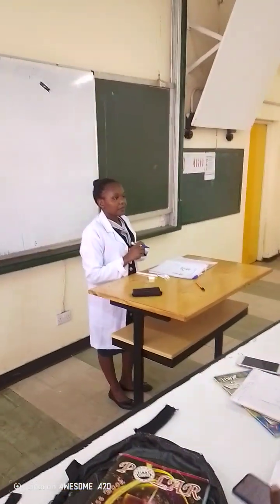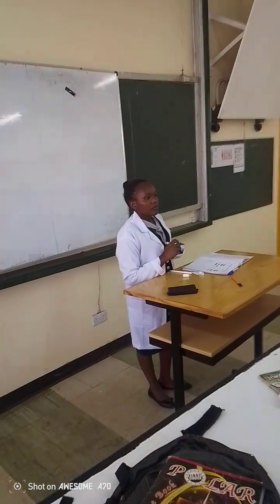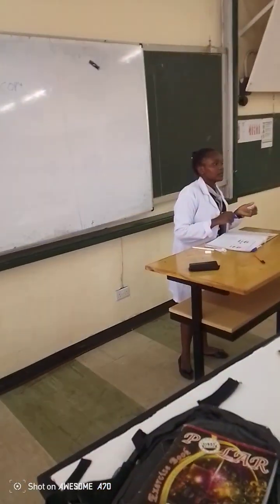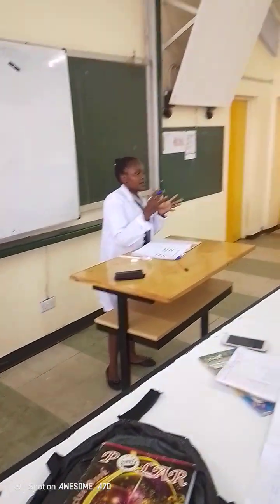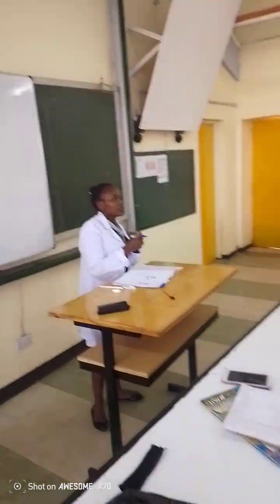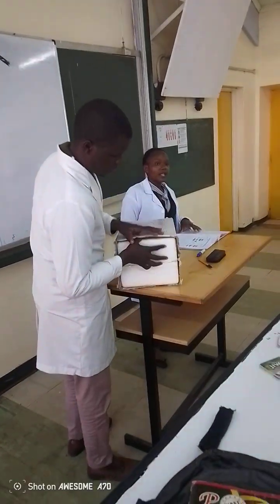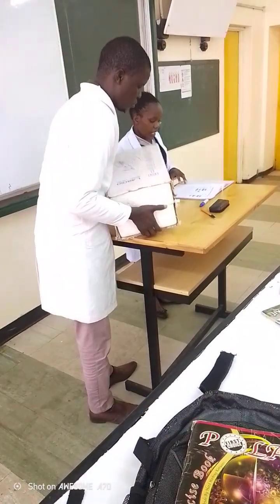Peter, you may answer the light microscope. Eyepiece lens, Josephine? In a common light microscope, which part do you know? You have the fine adjustment, yes, Peter? Stage, thank you.